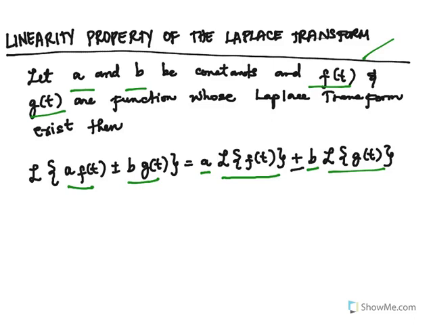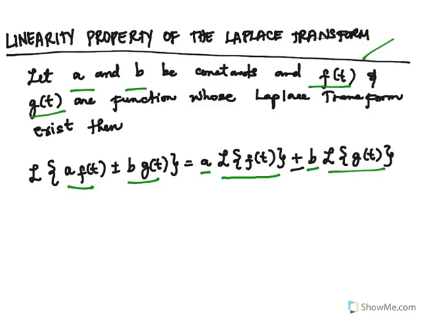So what this theorem, this property, is saying is that the Laplace transform can be performed term by term, just like differentiation or integration, again, as long as the function is composed of terms. And you cannot use this in multiplication or in division.